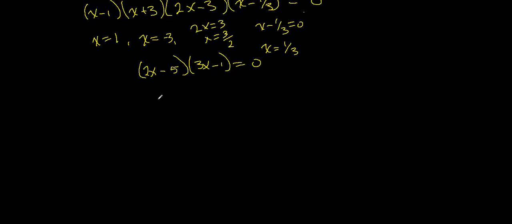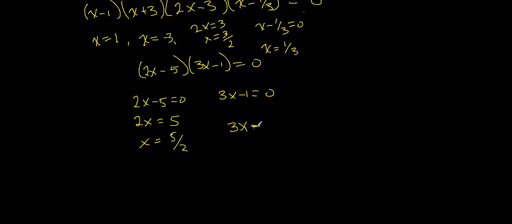So again, this will be 2x minus 5 equals 0, or 3x minus 1 equals 0, which gives us 2x is 5, or x equals 5 over 2. This one, of course, is pretty straightforward. 3x minus 1 equals 0 gives us 3x equals 1, or x is equal to 1 over 3.